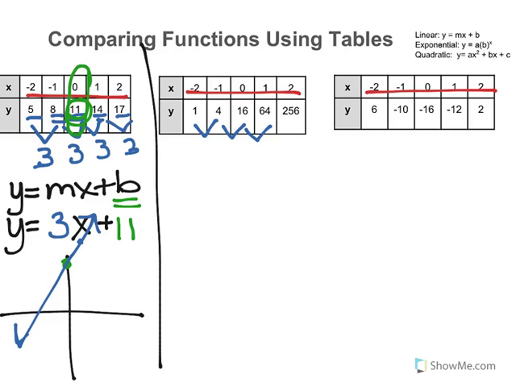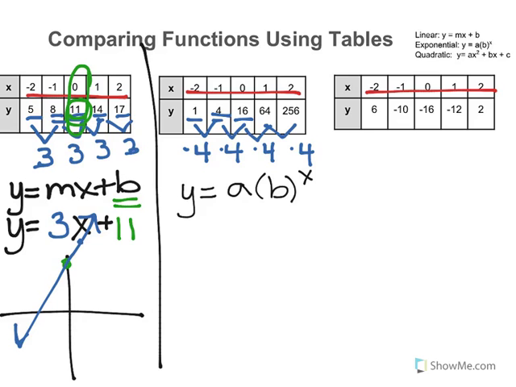That tells me I'm talking about an exponential function, and I can use my common ratio. Common ratio is when I take any term and divide by the previous term. 4 divided by 1 is 4, 16 divided by 4 is 4, 64 divided by 16 is 4, and 256 divided by 64 is 4. I also know that my equation for exponential functions is y equals a times b to the power of x.